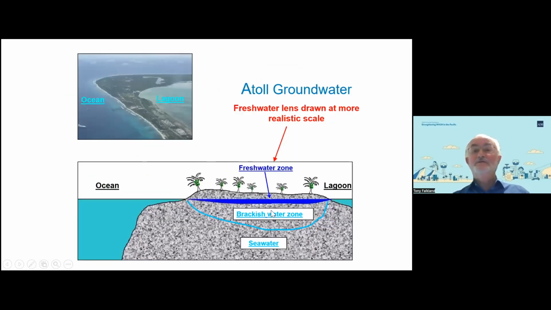This slide shows a more realistic thickness of the freshwater zone compared to the width of the island. The freshwater zone could be anywhere between about 2 metres and, say, 15 metres, and a brackish zone could be around about similar, 15 metres, and underlying that is seawater.